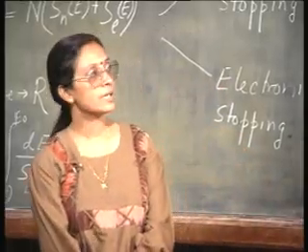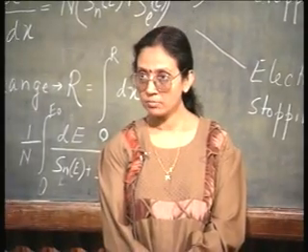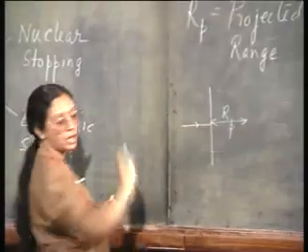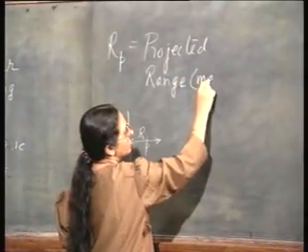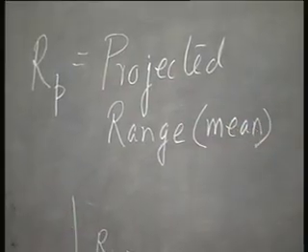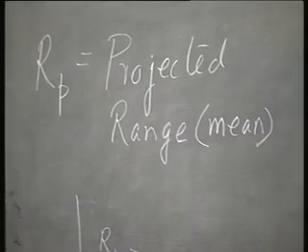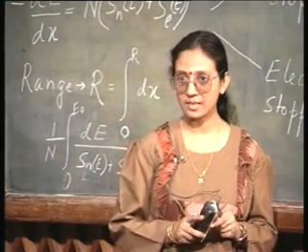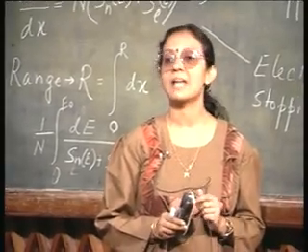So, it will be characterized by the average value of the projected range, which is usually written as Rp. Okay. So, this is actually the mean value of the projected range, and the variation in the projected range will be taken into account by a factor delta Rp, which is actually the standard deviation in statistical parlance, and in ion implantation jargon we call it the straggle.